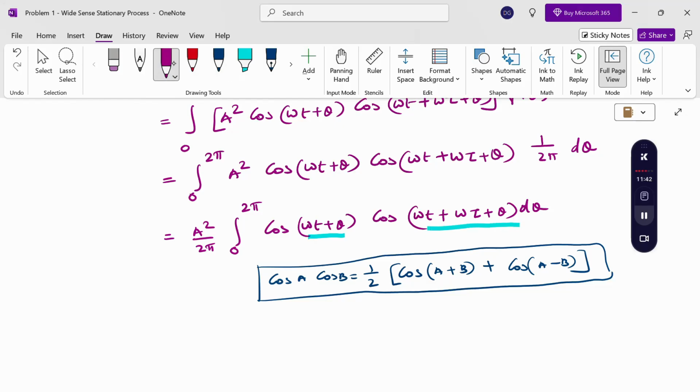Now cos A cos B gives A squared by 2π, integral from 0 to 2π.